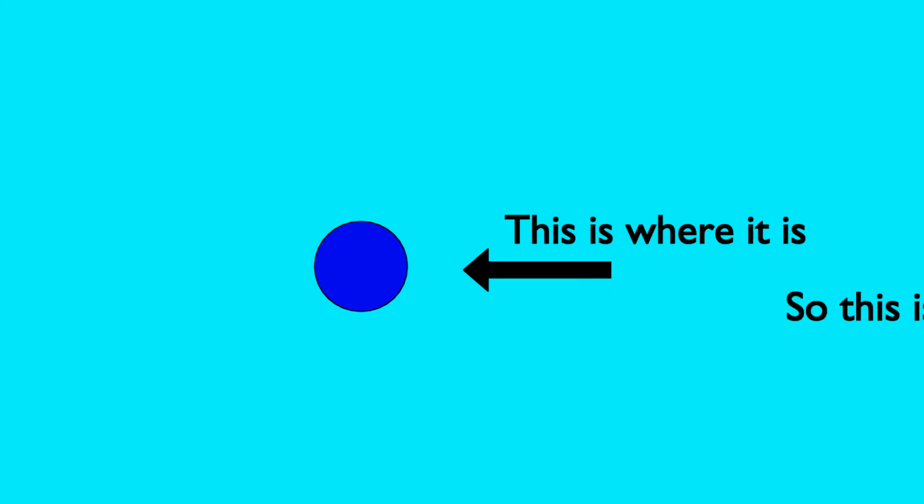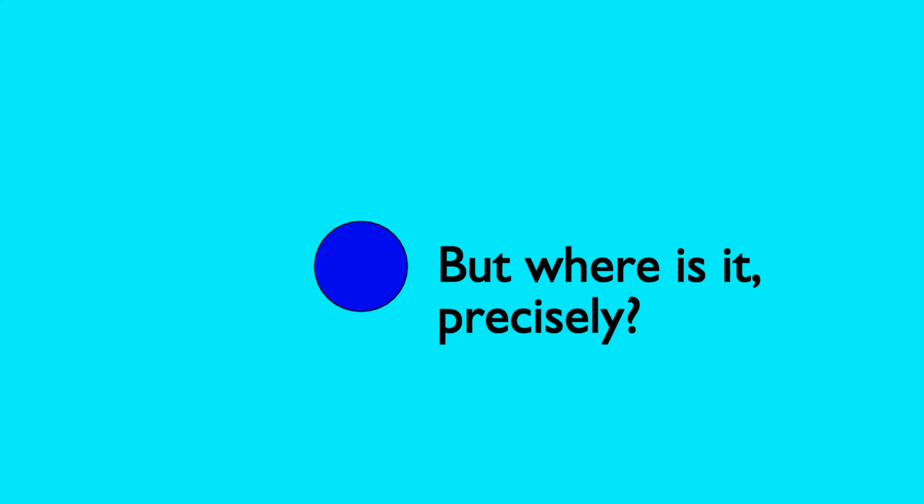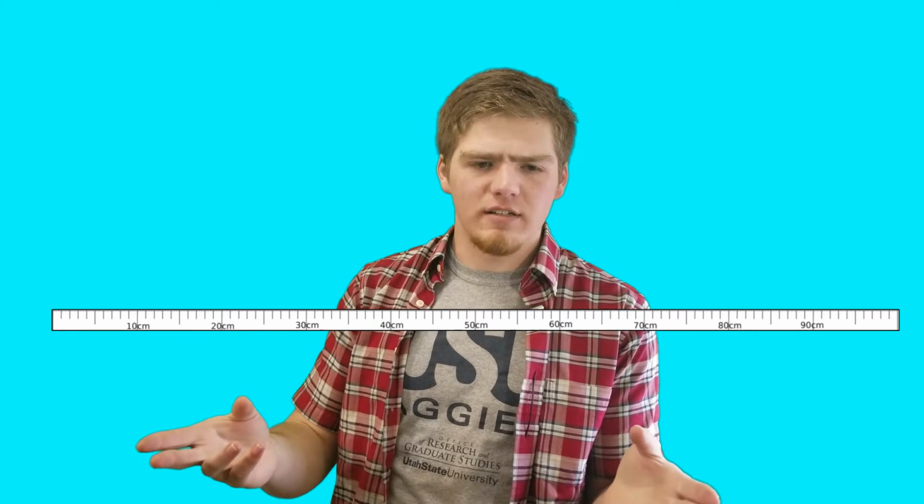So let's explore being in one place. Where something is, it's called position. But often we want to be precise about where something is, so we devise coordinate systems. The simplest coordinate system is just a number line. We'll take a meter stick as an example.